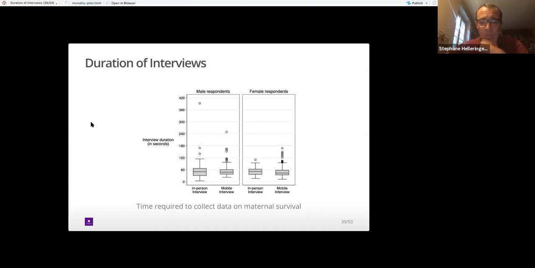So that's relatively short. Data on sibling survival takes 7 or 8 minutes on average because we elicit data on fairly large families in the context of northern Malawi. But again, there weren't any differences between in-person and mobile interviews in terms of the duration required to collect this data.